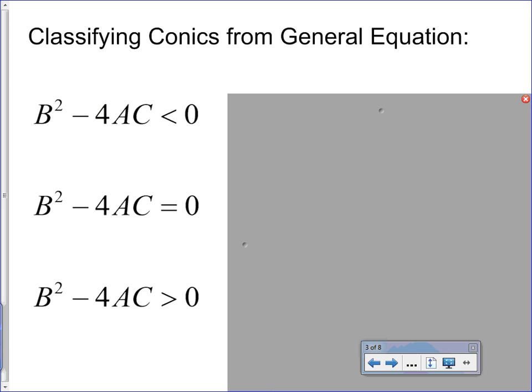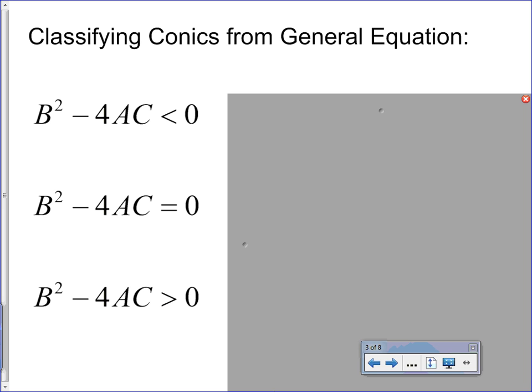The quadratic formula, okay. Does anybody remember what the b squared minus 4ac is called? It has its own name. The discriminant.